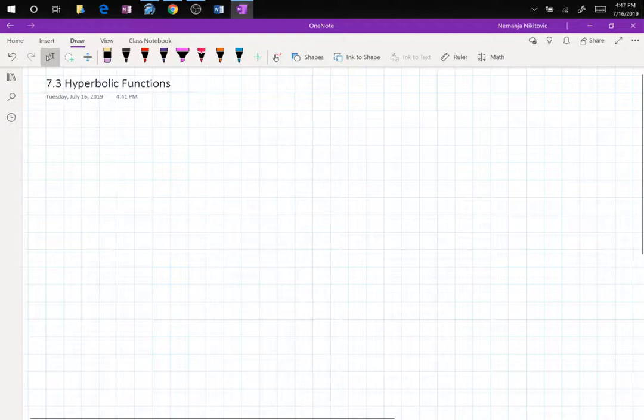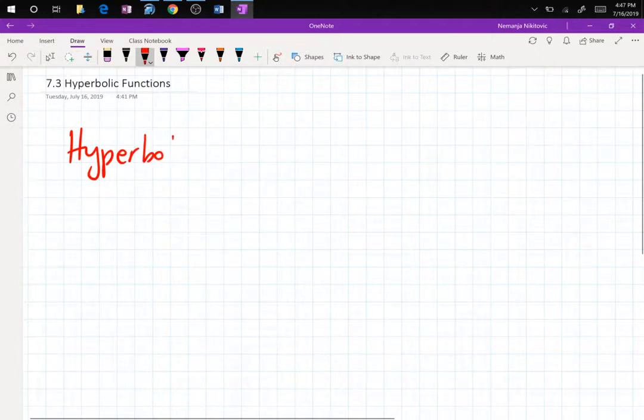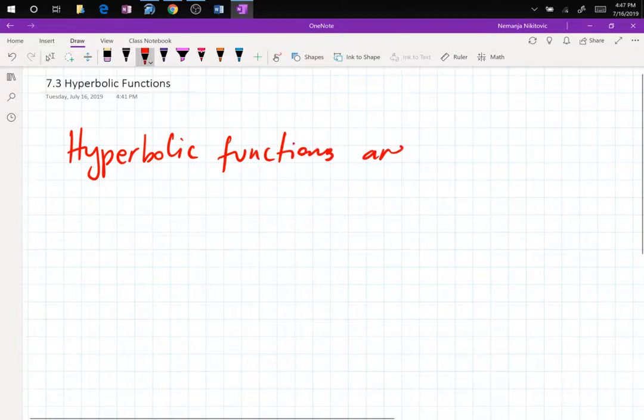Now, I'm going to start this with a statement written in blood, which says hyperbolic functions are not trig functions.